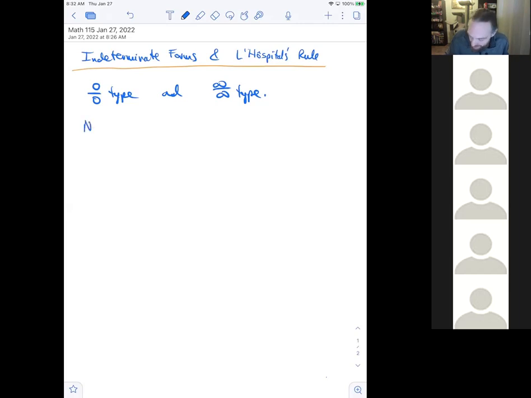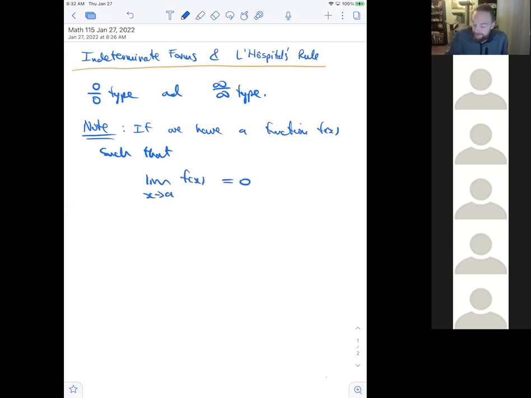So note, before we start, if we have a function f of x such that the limit as x approaches a of f of x is 0, then the limit as x approaches a of 1 over f of x is plus or minus infinity.